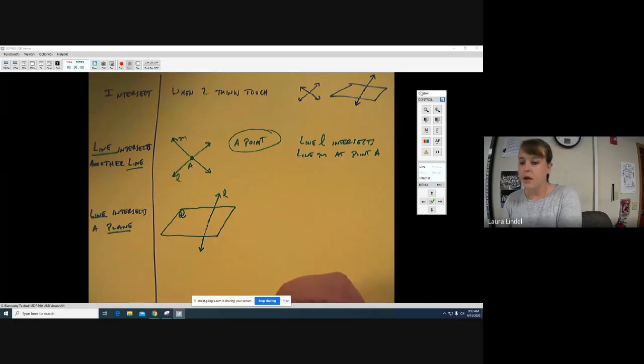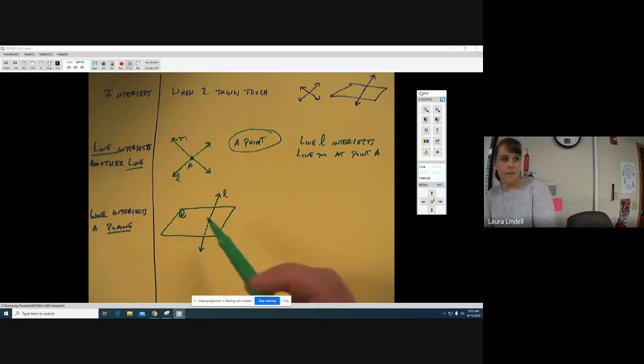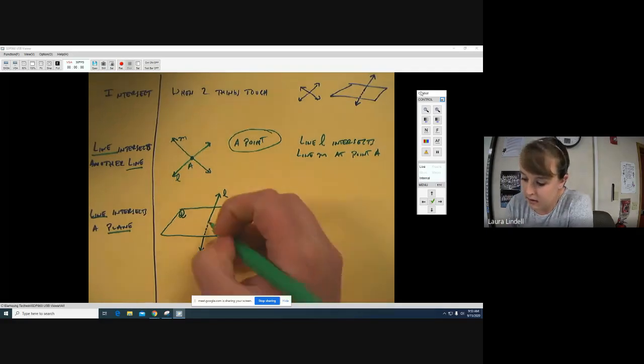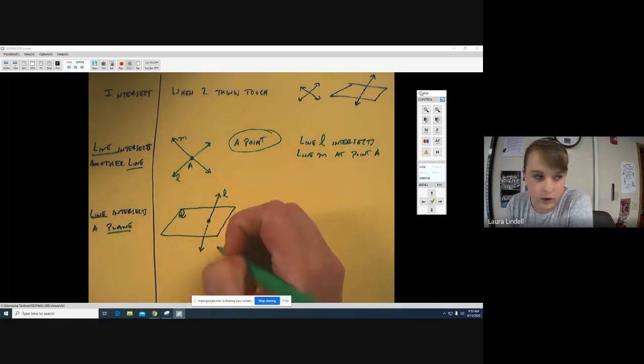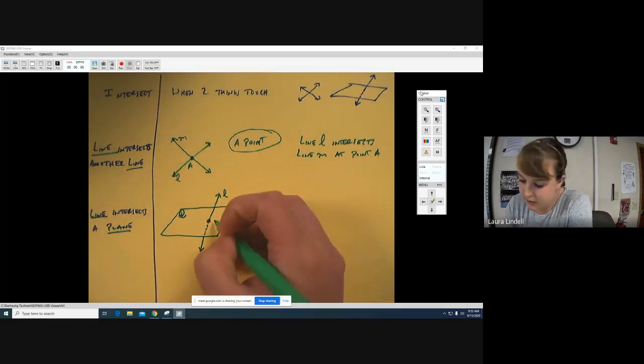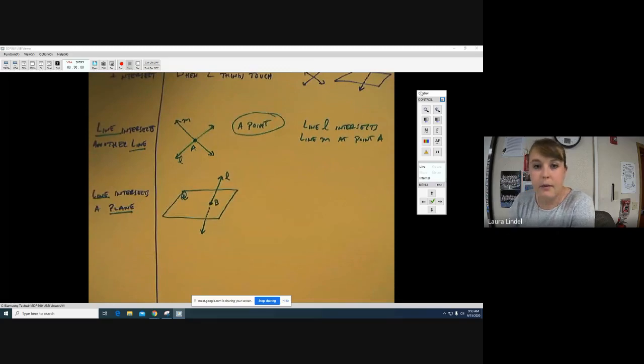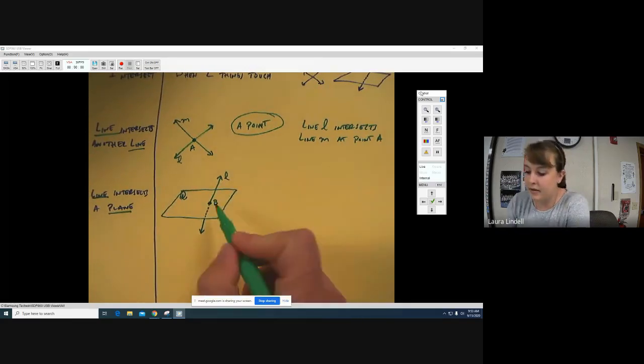Okay. So in this picture, the line is poking through the plane and it's only intersecting it at one spot. At that one point right there. So we'll call that point B. So when a line intersects a plane, one possibility is that it intersects at a point, if we're seeing a picture like this.